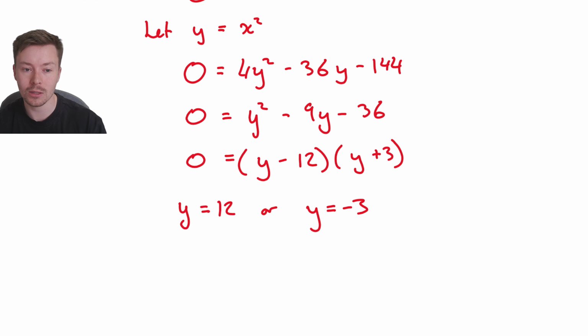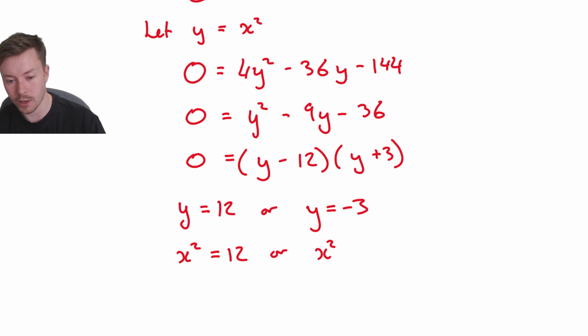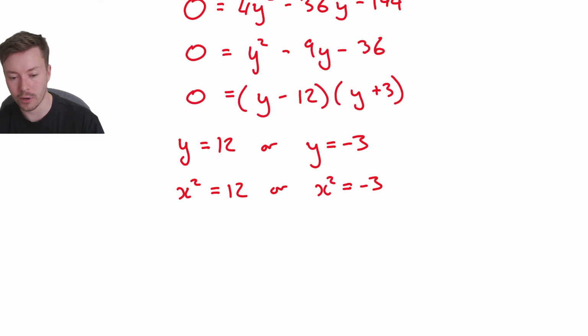And now if I replace the y back with x squared, I get x squared is equal to 12, or x squared is equal to negative 3. Now x squared is equal to negative 3 gives me no solutions, because you can't square root a negative number.